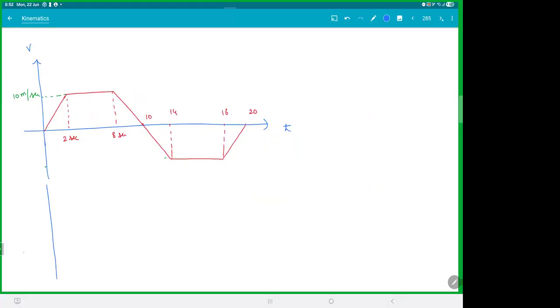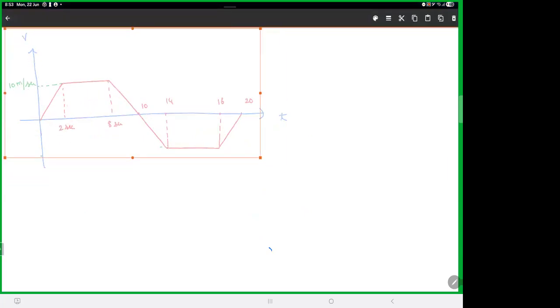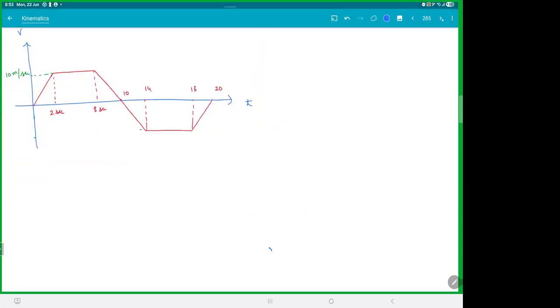So when you're drawing an XT graph, let's see the first part. So when you go from initially, let's name them also. Let's call it A, B, C, D, E, and F. Now, when you go from A to B, you can clearly see. We'll assume you're starting from origin.